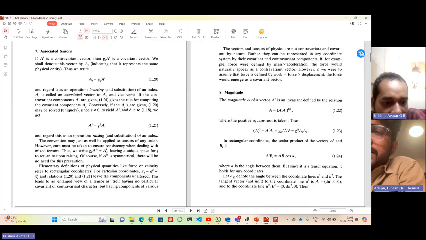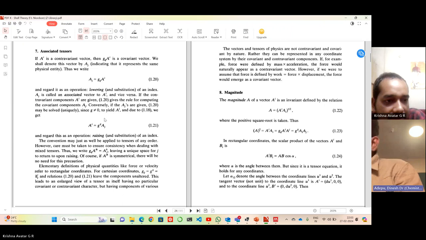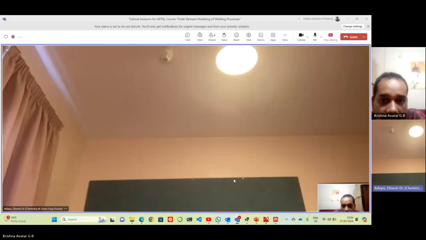Associated tensor. Okay, I see. If A^i is a contravariant tensor, I'll be back in like 10 seconds.